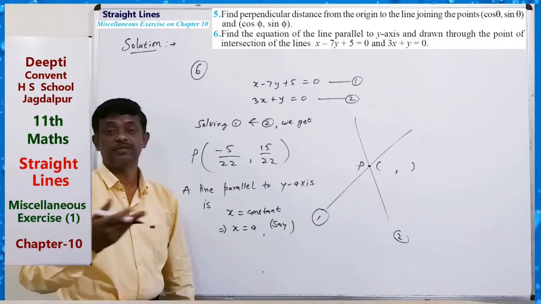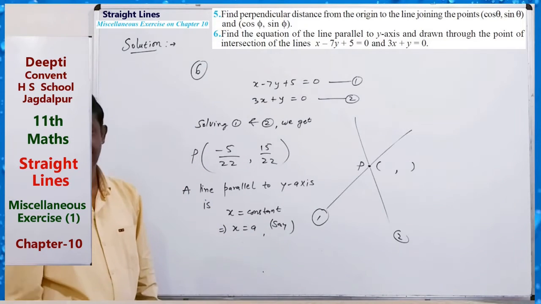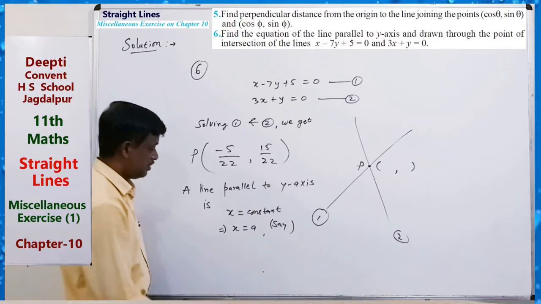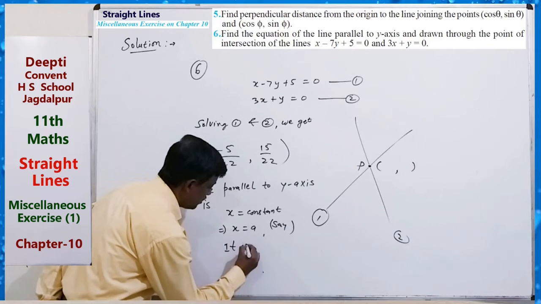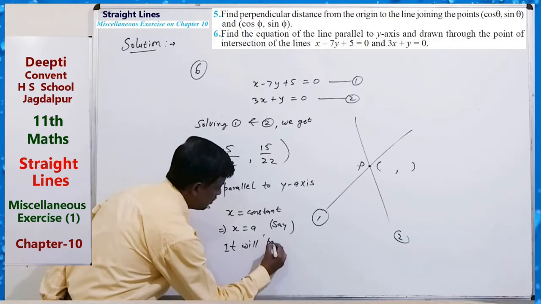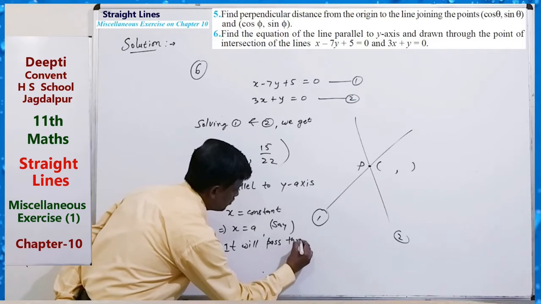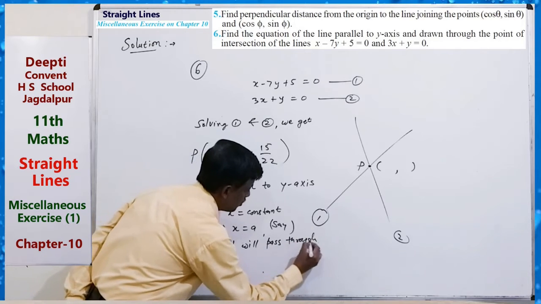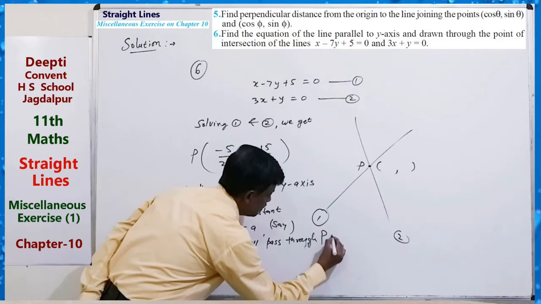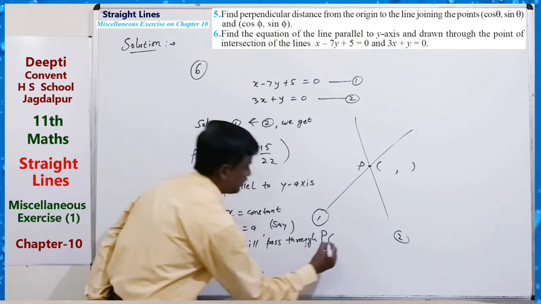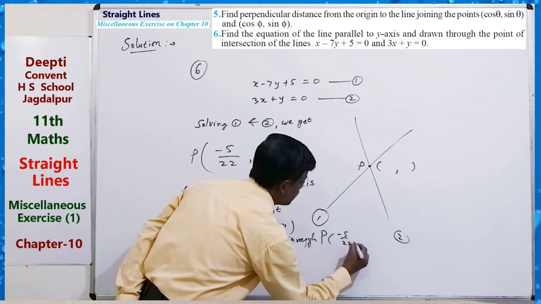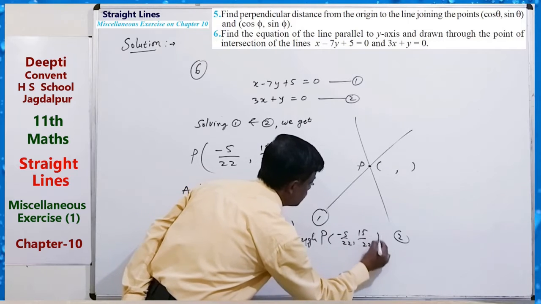Now we have to find the value of a. It will pass through P, that is minus 5 by 22 and 15 by 22.